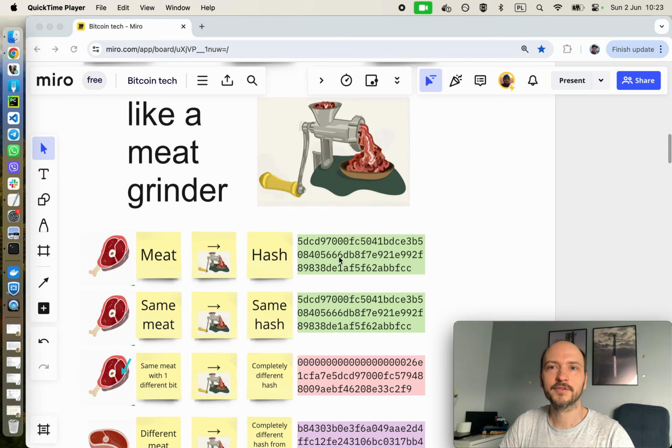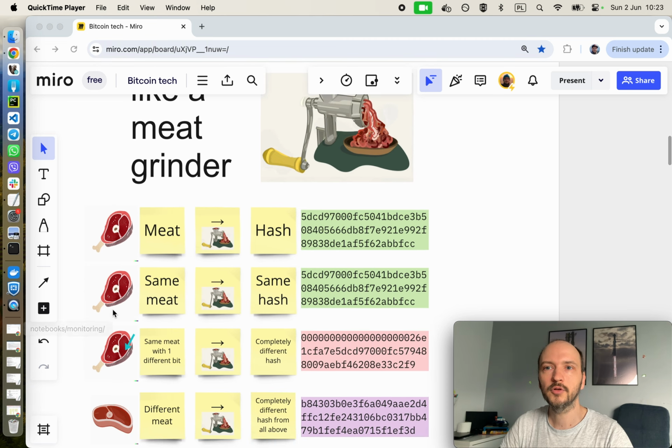And the result depends on what was in the input, but the result is mixed, quite significantly, so that you cannot understand what was the initial piece that the result is produced from. And if a hash algorithm works in the same way, if you give the same piece of meat, which means the same file, exactly the same contents, it produces the same hash.